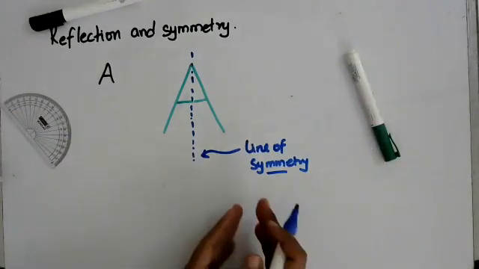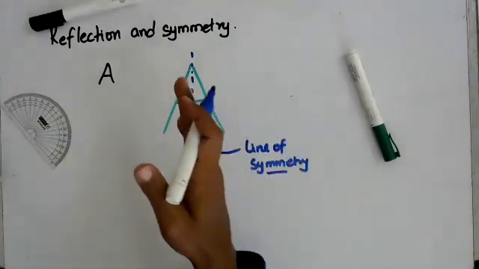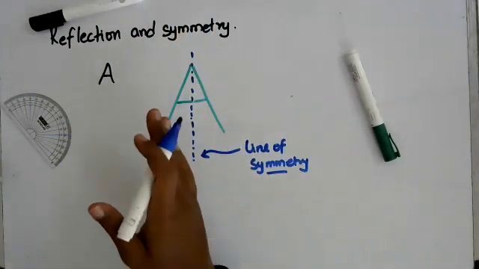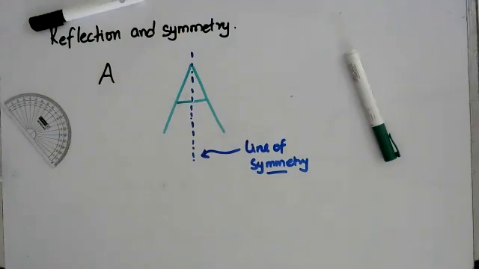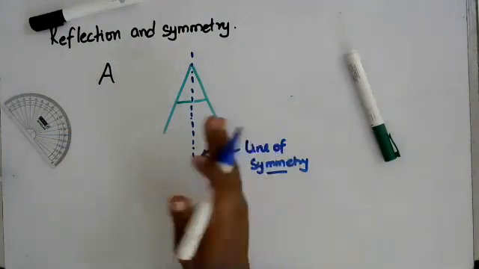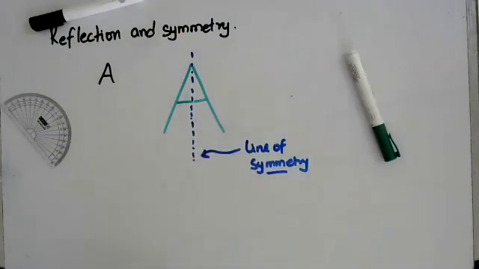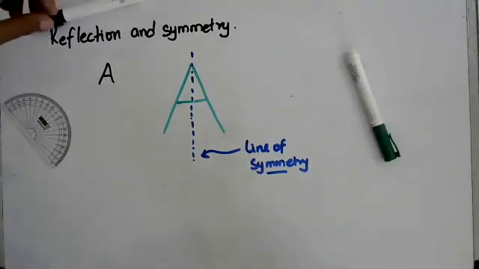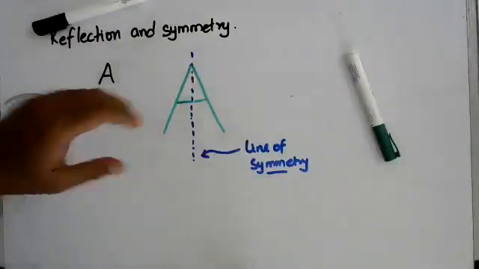Okay, so symmetry means equal on both sides, and a line that can be drawn which divides a shape in the equal manner on both sides, that line is called as the line of symmetry. And of course, you can rotate that line.